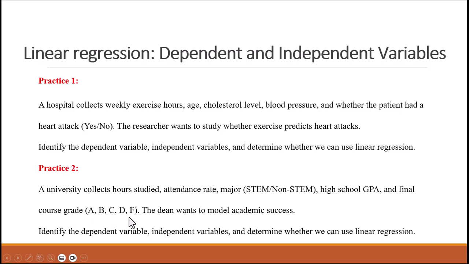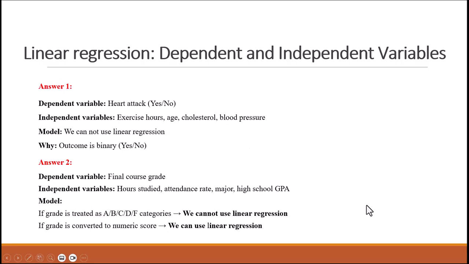Here, because we recorded the grades like A, B, C, D, or F, it means that we do not have a continuous and numeric variable here. And so here again, we have a classification problem. This is our dependent variable, and others, including hours studied, attendance rate, the major, high school GPA, are independent variables. So we cannot use linear regression. Here is the response that you can go through and check your results.